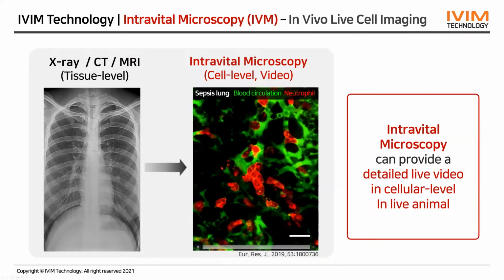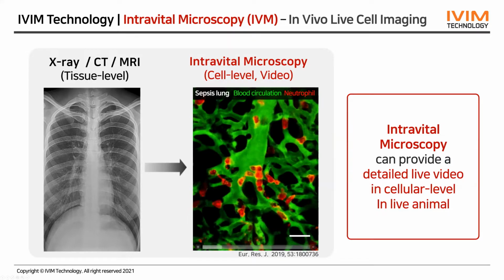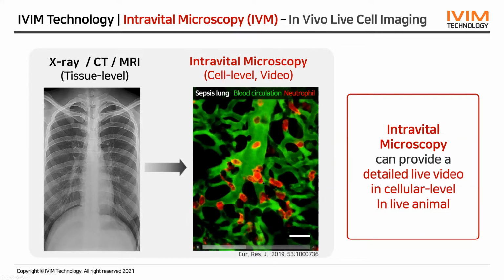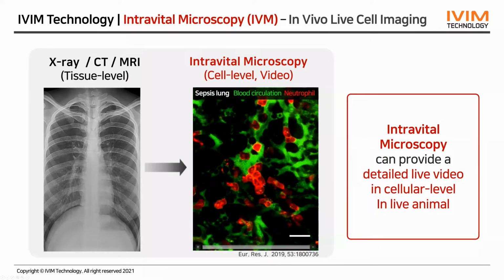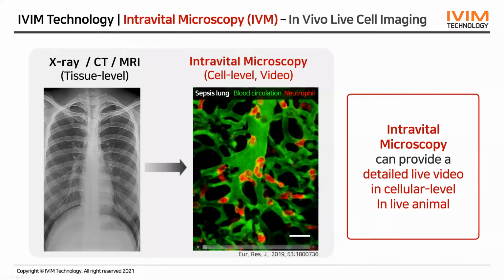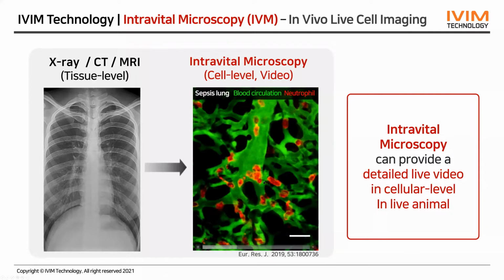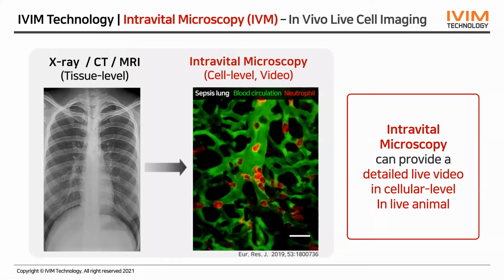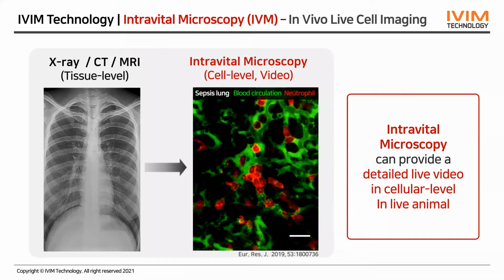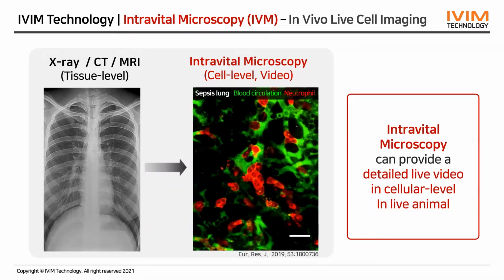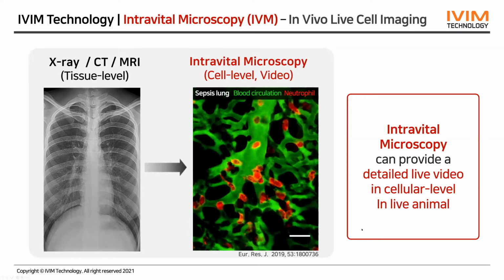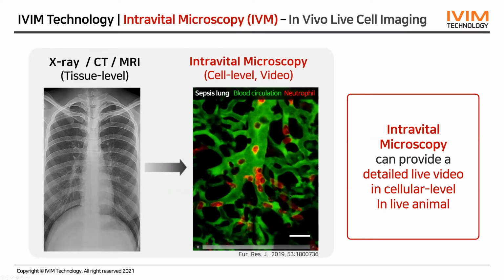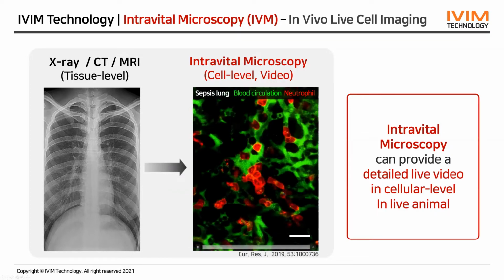In this particular example, we injected anti-Ly6G antibody conjugate with a red fluorophore intravenously 3 hours before this imaging. Those intravenously injected fluorophore antibody conjugates specifically label the neutrophil and wash out from the blood circulation. And then we do this IntraVital imaging of the lung.